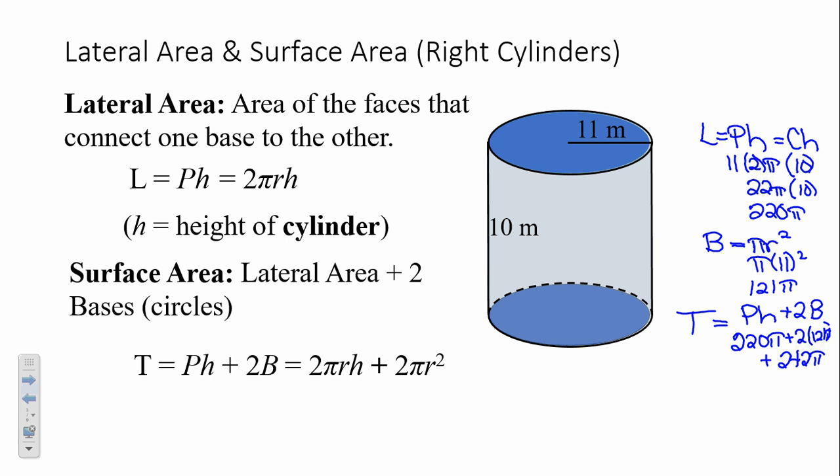And then we add the 220 pi, right? And we get 462 pi meters squared. Not so bad, right? Questions on this one?